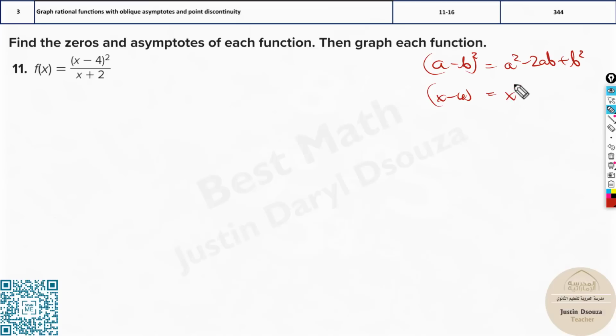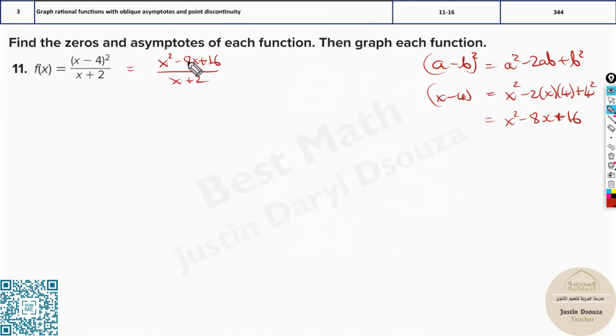Instead of a, we have x squared, minus 2 times a is x, b is 4, plus 4 squared. It will be x squared minus 8x plus 16. So this is the expansion. So this is equal to x squared minus 8x plus 16, divided by x plus 2.